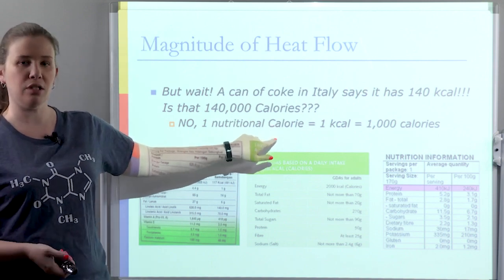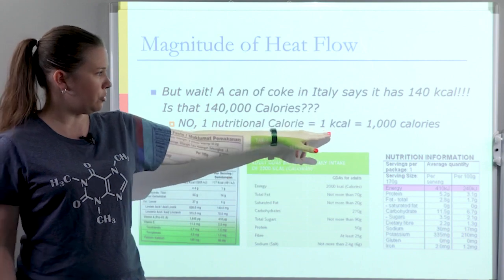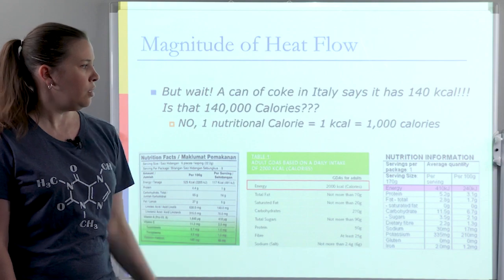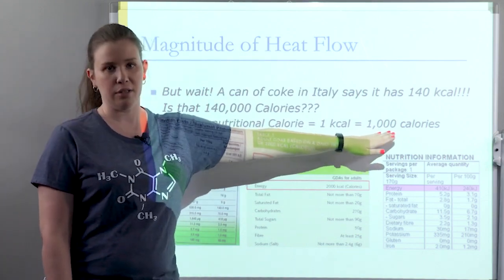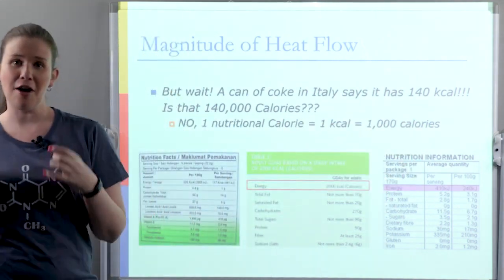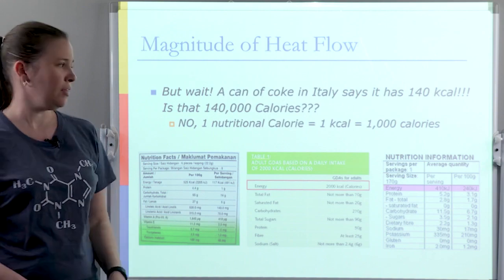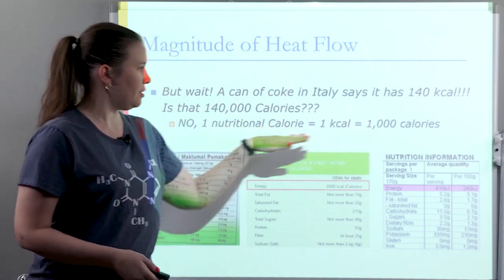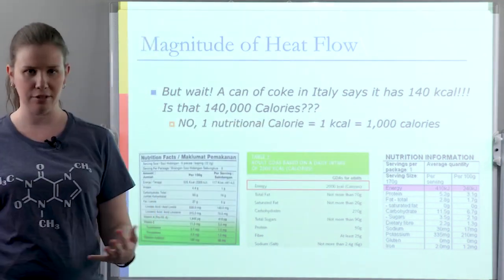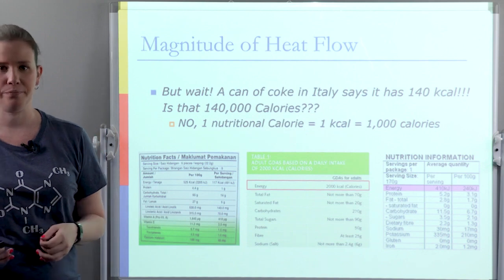So when you look at the energy labels in the United States, it's a capital C. If you look at some energy labels in some other countries, they may use kilocalorie, all representing 1,000 calories. But they don't actually write it as thousands of calories on that candy bar. That might make you think twice about buying that candy bar, right? But you should know that there is a similarity. 1 nutritional calorie is actually 1,000 calories. So it gives you an idea of how much energy you're intaking when you eat the candy bar.